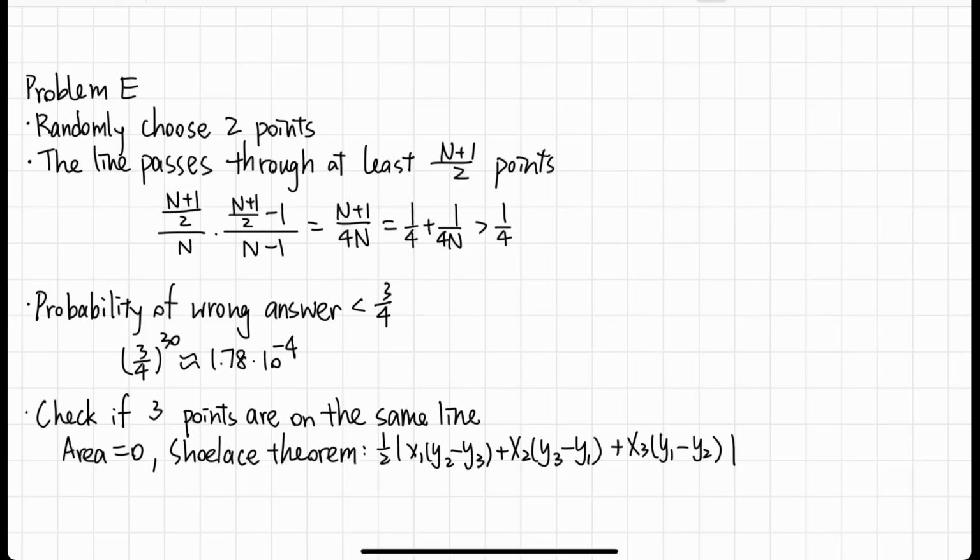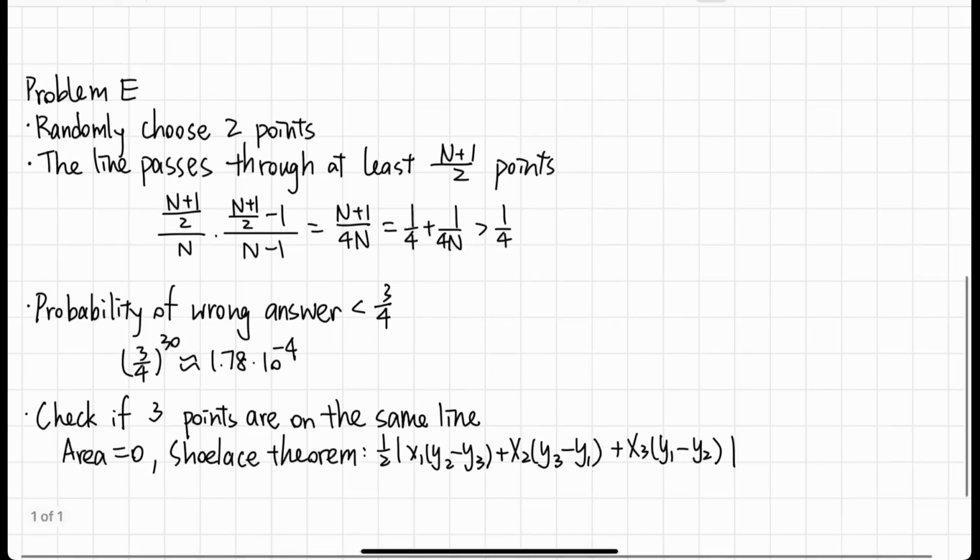Then for each pair of points, we can loop through all the remaining points and check if the 3 points are on the same line. So we can check this by checking if the area is equal to 0. And we could calculate the area formed by 3 points.